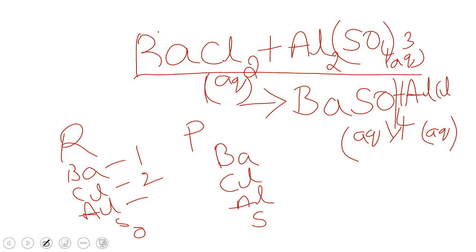If I have written brackets and 3, this 3 belongs only to sulfur and oxygen, not to aluminium. So aluminium only 2 are there. Sulfur, 3 sulfurs are there. For oxygen, the subscript is 4 and here 3. Multiply: 4 3s are 12 oxygens.